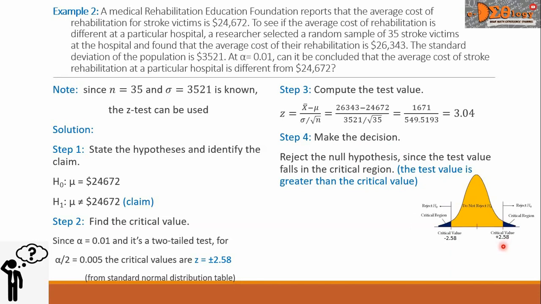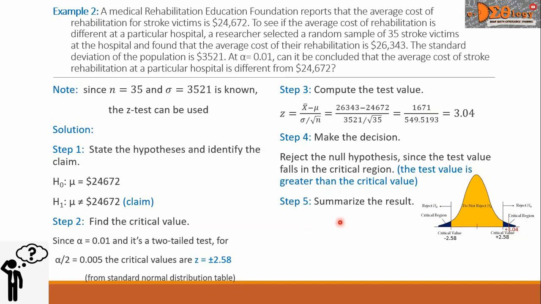So this is 2.58, that is the positive one, and the negative is in here. The two tails are shaded, and these are the critical regions. And this area in yellow is the non-critical region. The test value is 3.04, and we write it on the right side of the critical value. And this falls in the critical region.